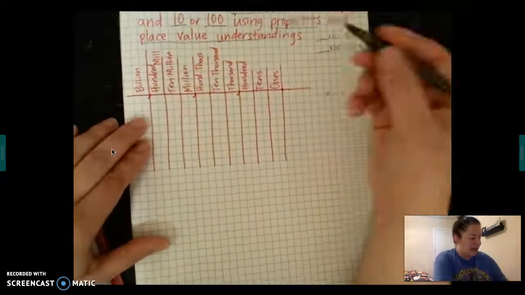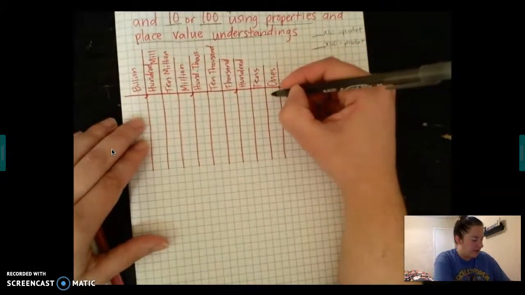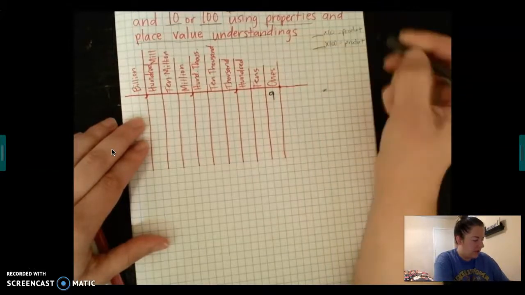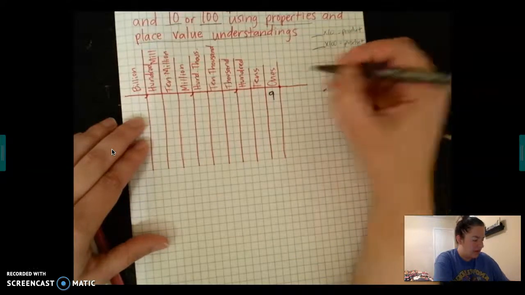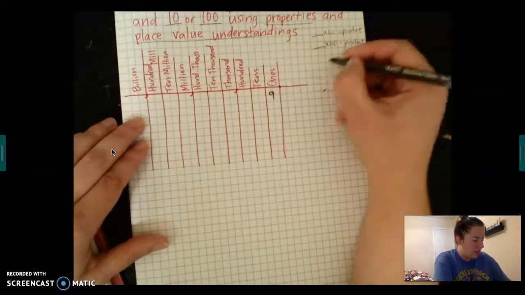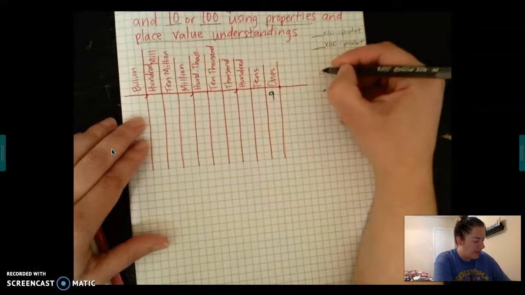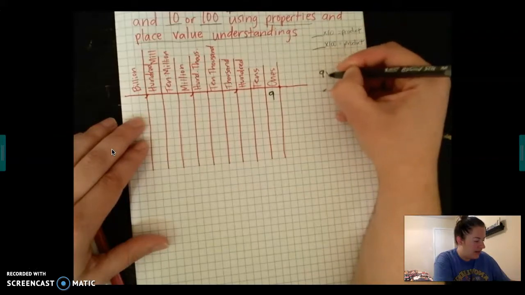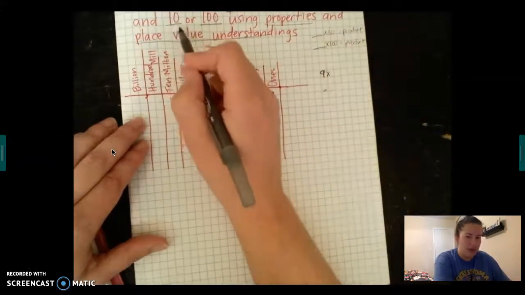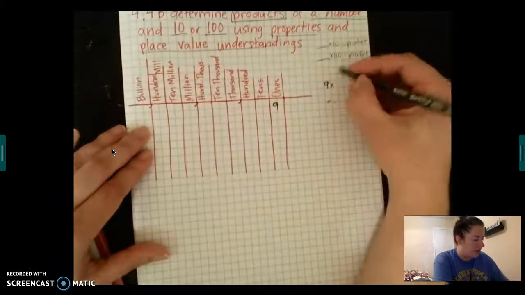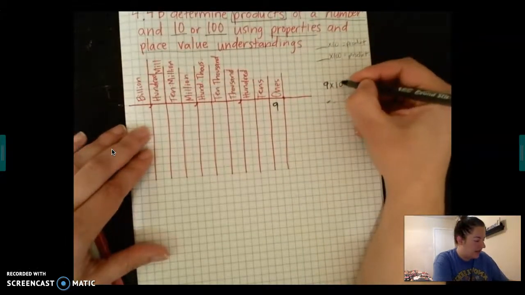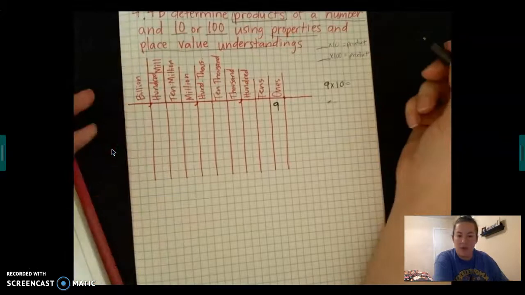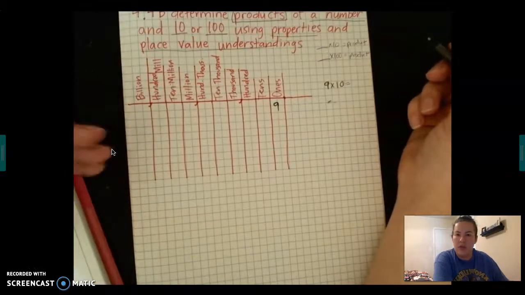So let's take a look. Let's say I have 9 ones here. What happens if I want to do, okay, what's 9 times, we're multiplying just by either 10 or 100. 9 times 10, you should know that from third grade multiplication, just your multiplication facts.